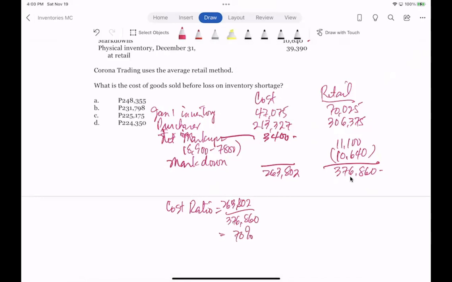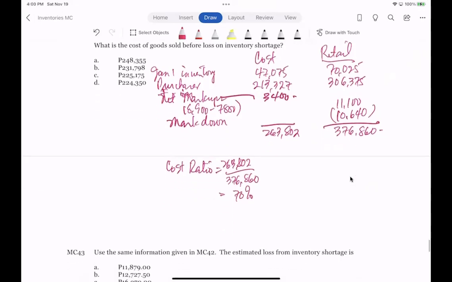After that, deduct sales. The question is, what is the cost of goods sold before loss on inventory shortage? So deduct sales, and sales amounted to 320,500.